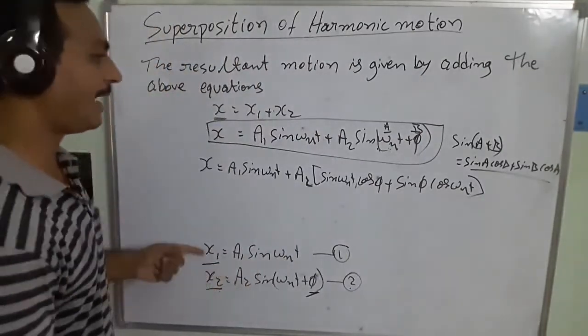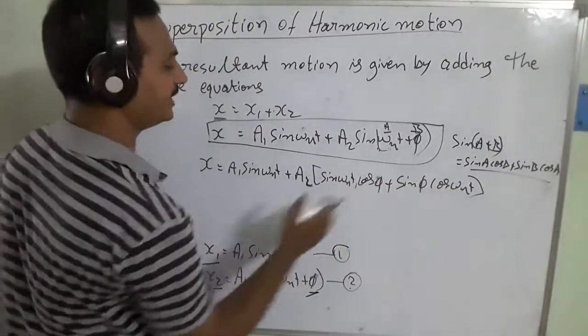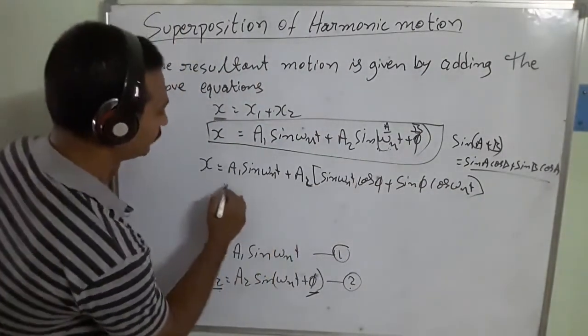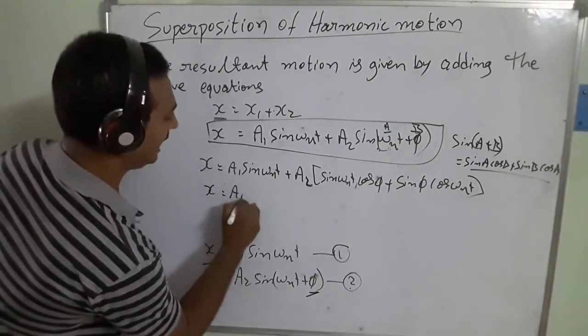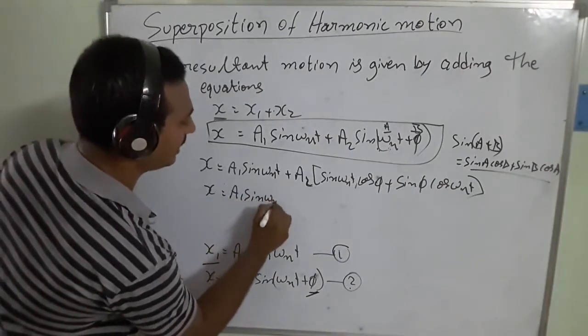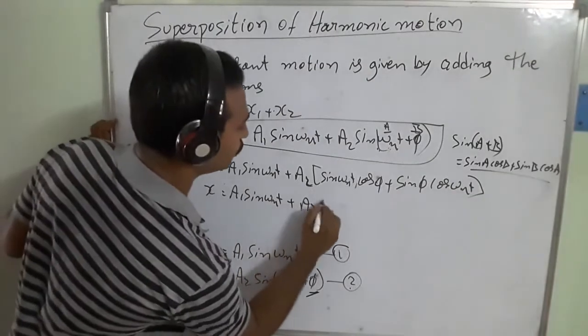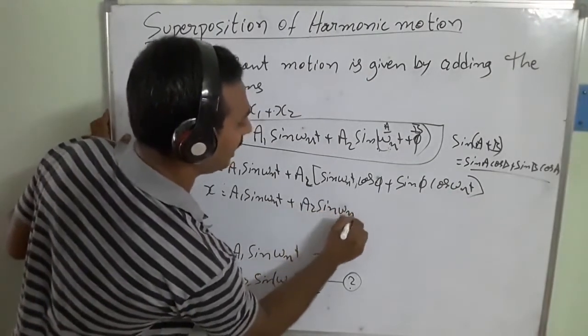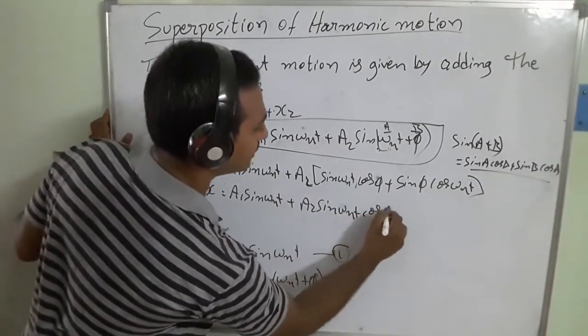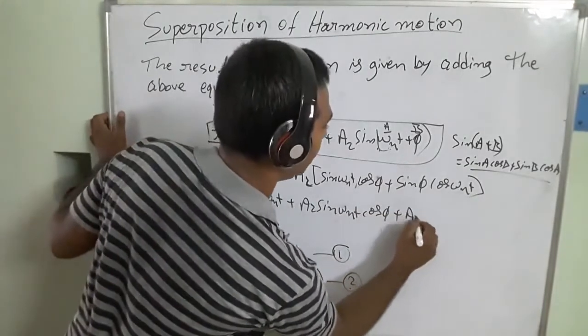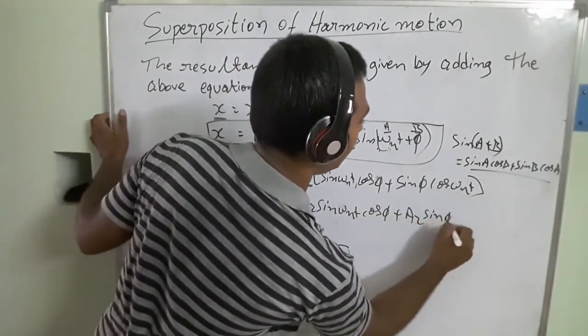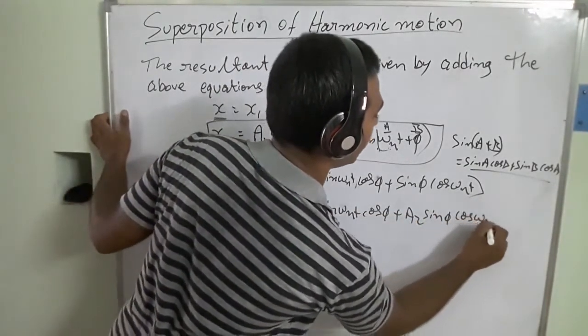So in this case, what will happen? I am going to simplify this equation. That's going to be x is equal to A1 sin ωnt plus A2 sin ωnt cos π plus A2 sin π cos ωnt.